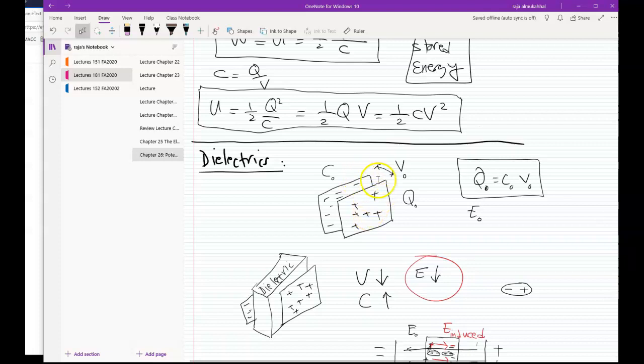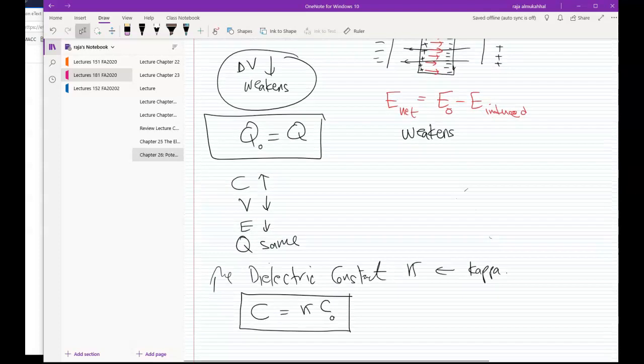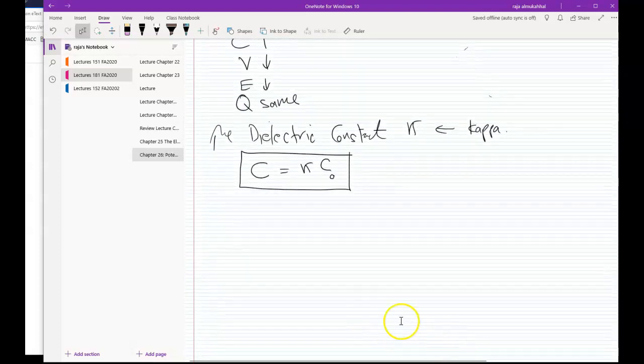I prepare the capacitor with this capacitance C naught, voltage V naught, and Q naught. Now, when I insert a dielectric, say paper, I measure the new capacitance by how much it has changed. It has increased by kappa. This is the relationship that links the two together.